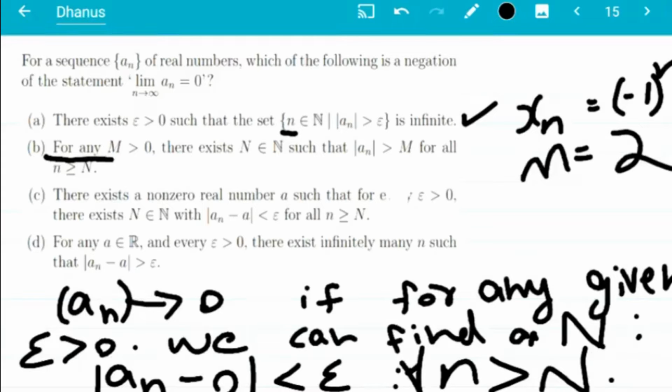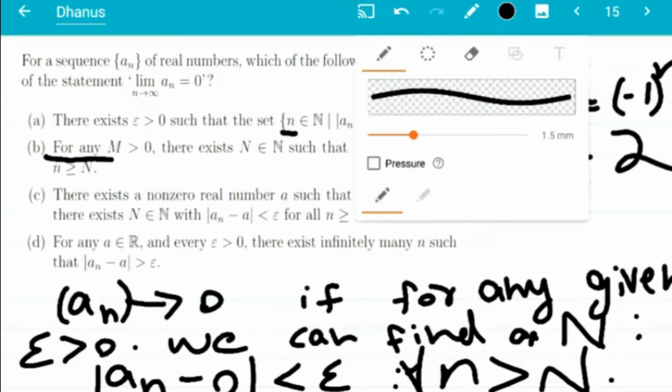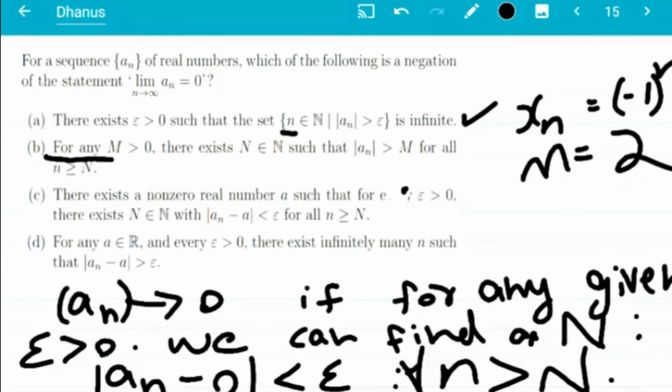And the next question: there exists a non-zero real number a such that for every epsilon greater than 0, there exists N such that mod an minus a is less than epsilon.